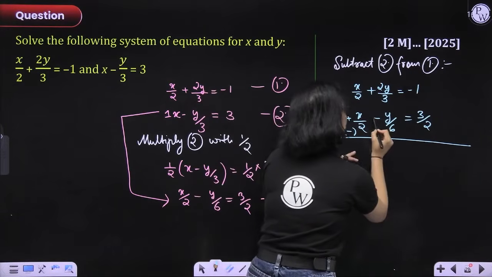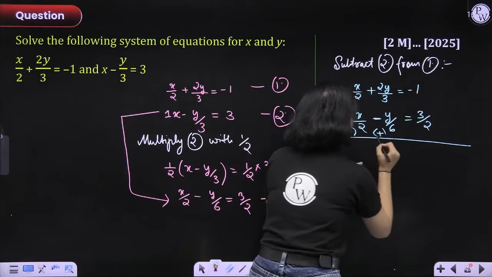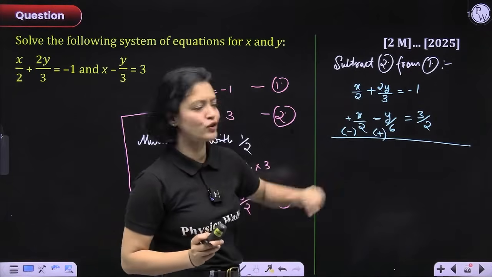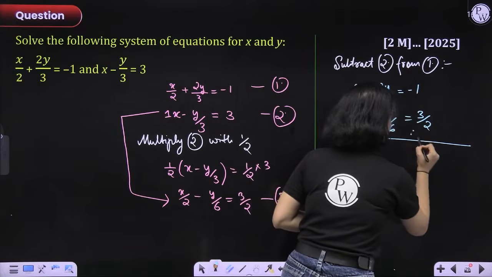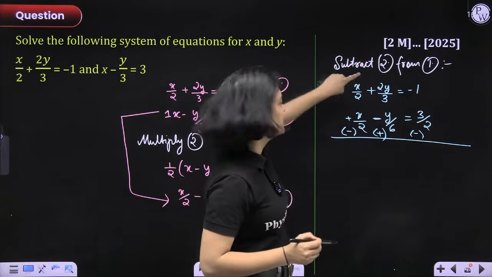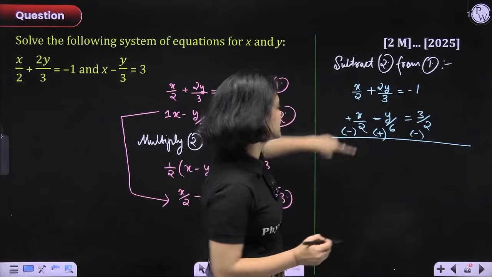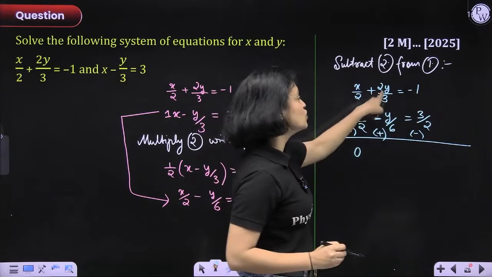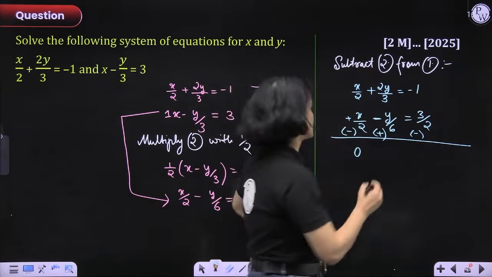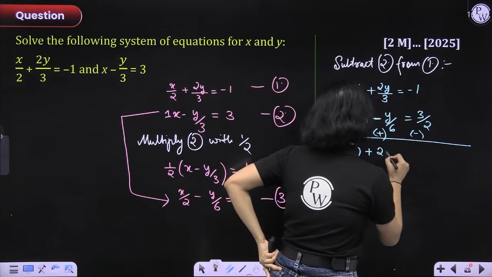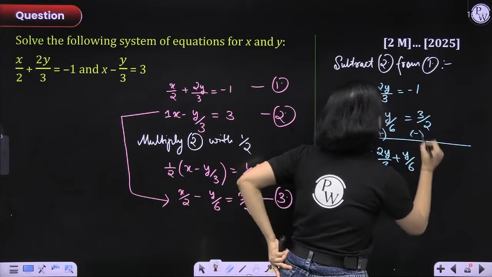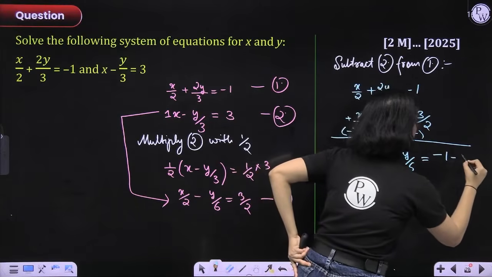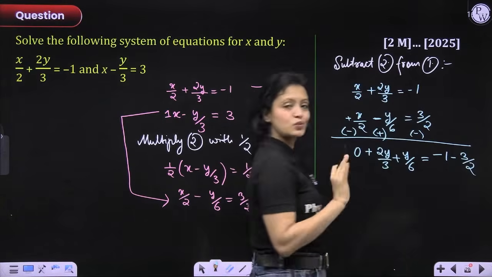Here we have a negative sign, so it gets converted to a positive sign. Remember, the sign changes for the second equation's terms. Now you can simply do the calculation. x by 2 minus x by 2 is 0. 2y by 3 plus y by 6 is equal to minus 1 minus 3 by 2. This is what you will get.